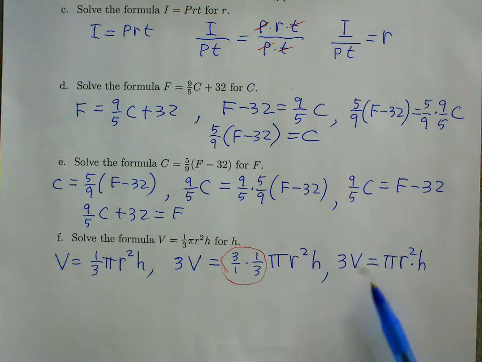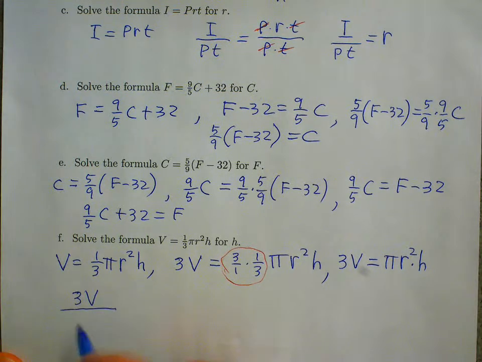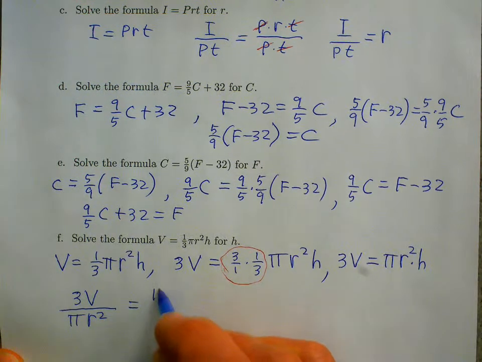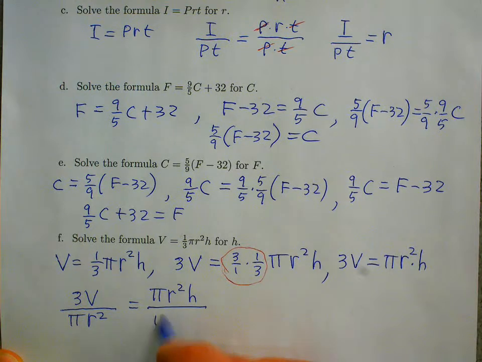Since on the right-hand side I have pi times r to the second times h, and I want to solve for h, I can do it if I just divide both sides by pi times r to the second. So I'll write a little bit of detail. 3V divided by pi r to the second. And on the right-hand side, pi r to the second h, also divided by pi r to the second.